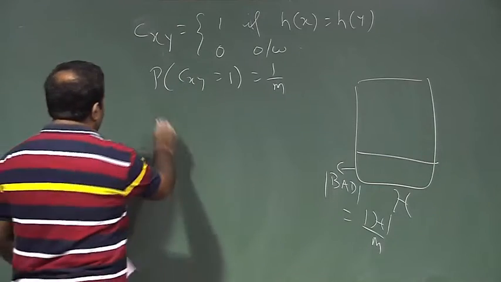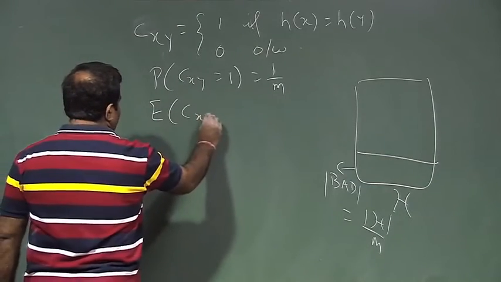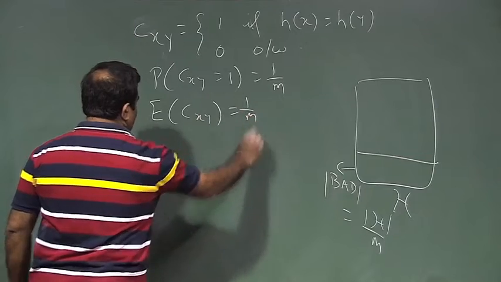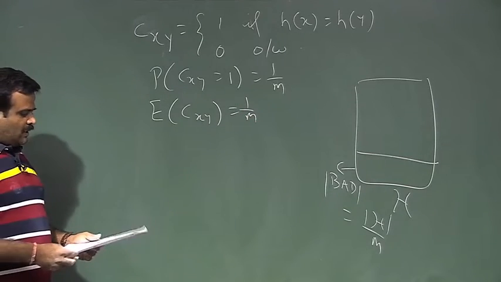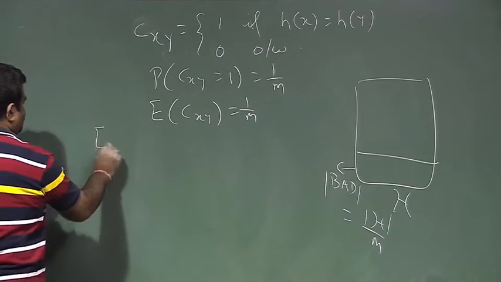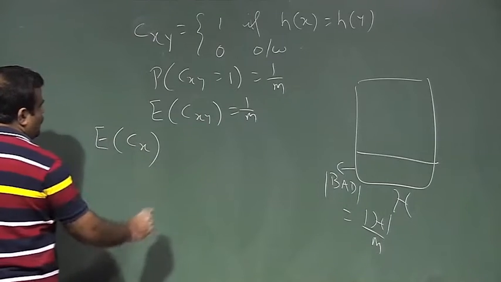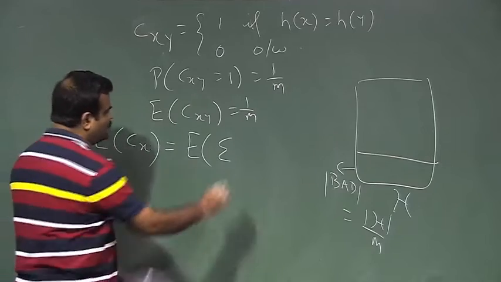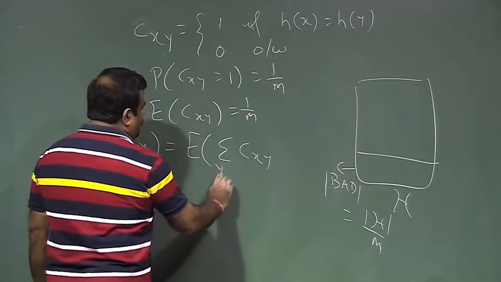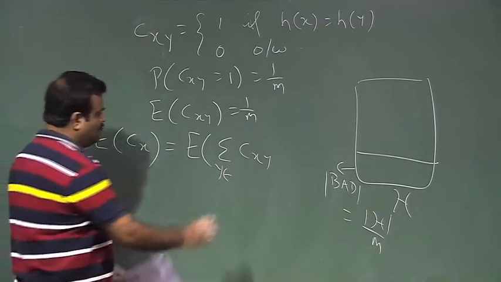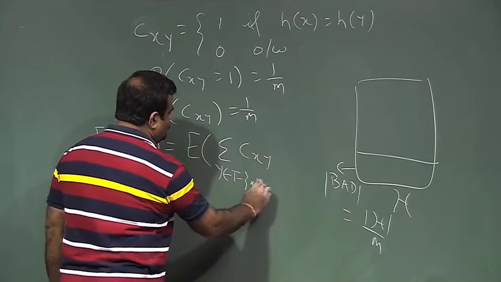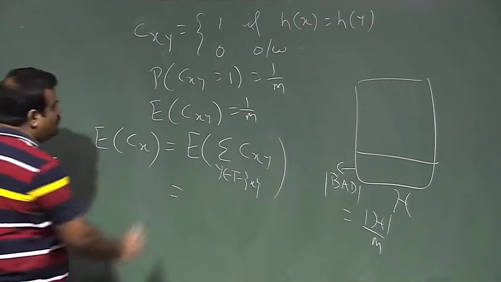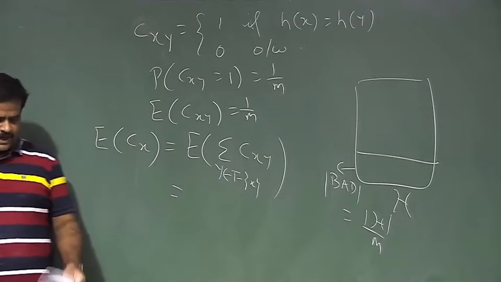So the expected value of C_xy is 1 by m. Now we are looking for the expected value of C_x, which is the summation of C_xy over y in T minus x, and we want to show this is less than n by m.